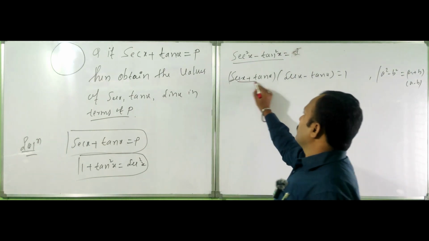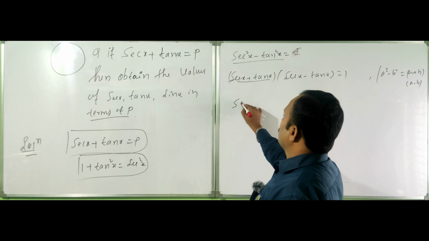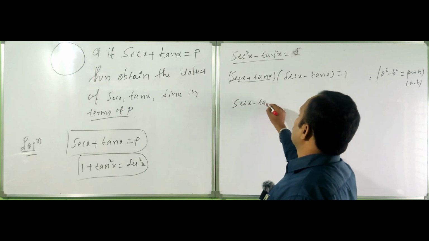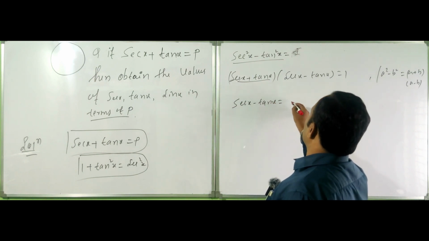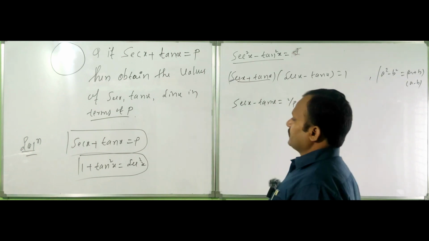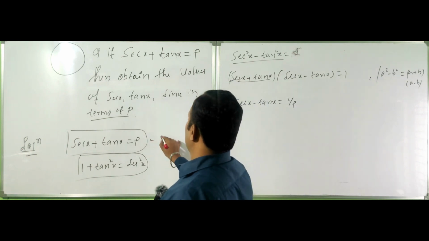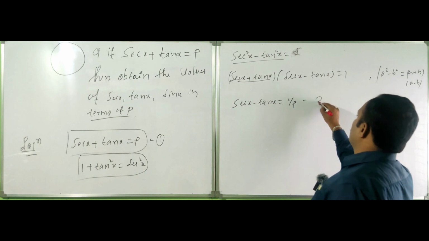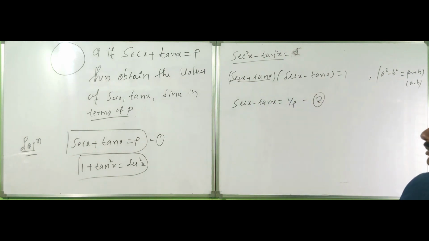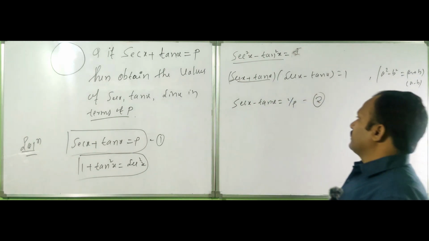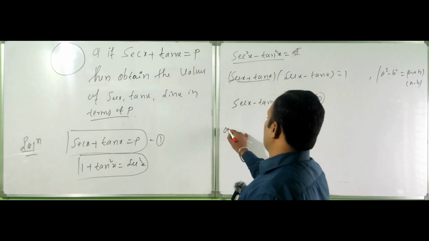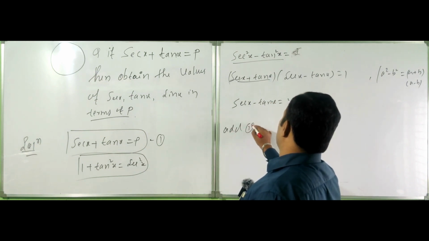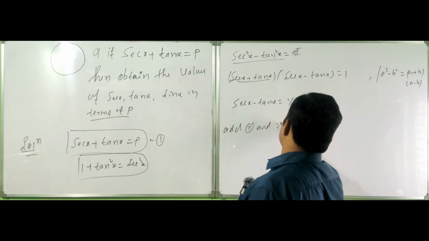So this is the given p. Therefore sec x minus tan x is equal to 1 over p. This is equation 1 and this is equation 2. To get the terms, just add equation 1 and equation 2.